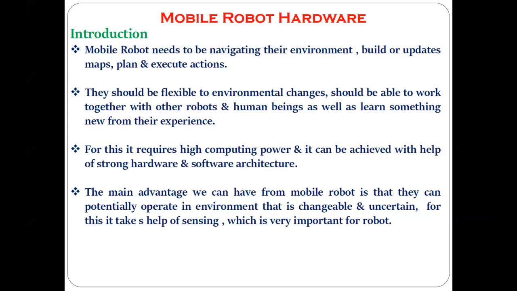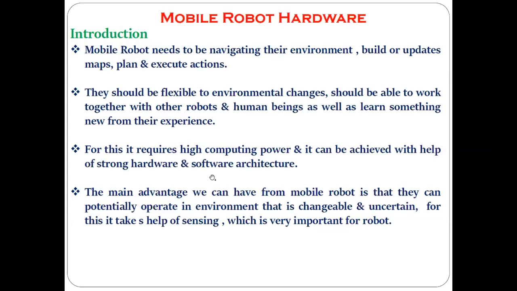A human being can think and imagine things. But in the robot, such things are not present naturally. They have to be inbuilt and instilled into the robot with the help of some hardware and software architecture. So we have to utilize hardware and software in the robot so that it can perform these activities just like the human being.